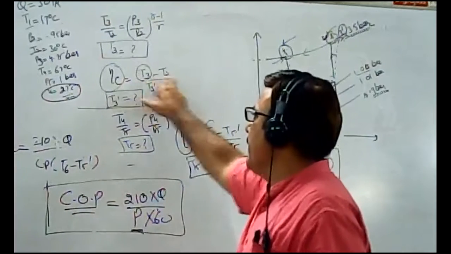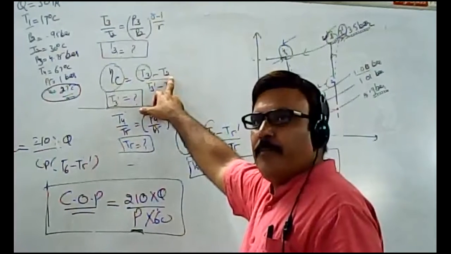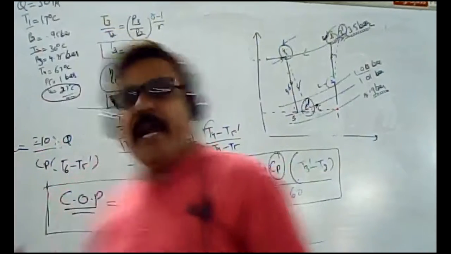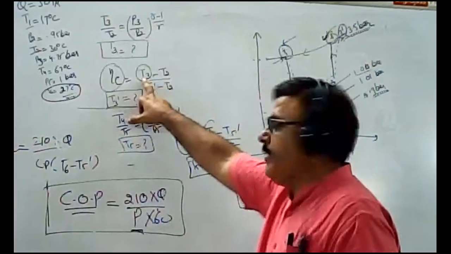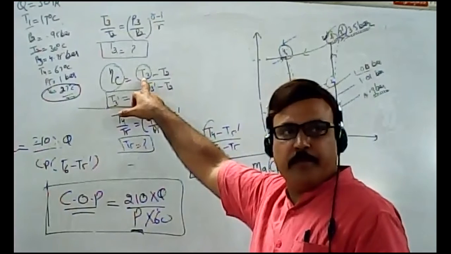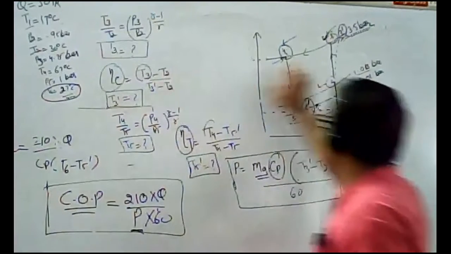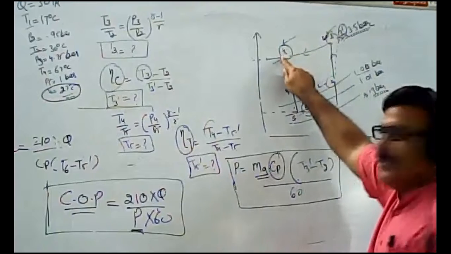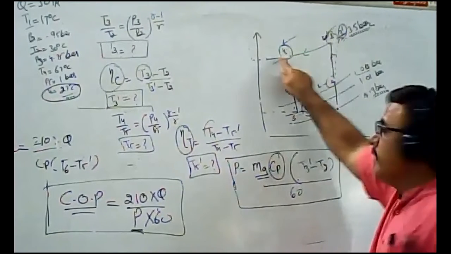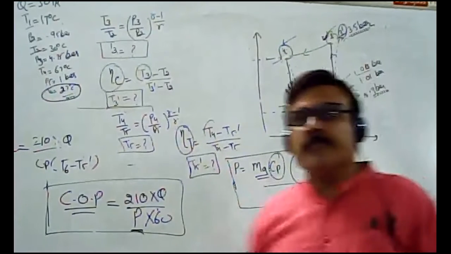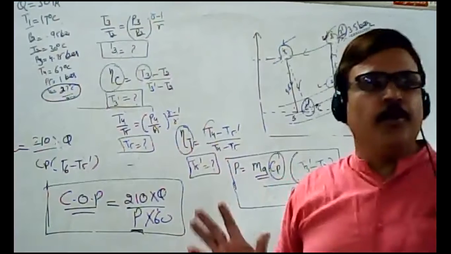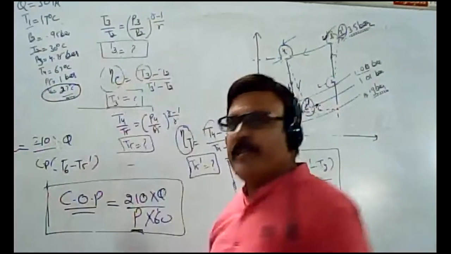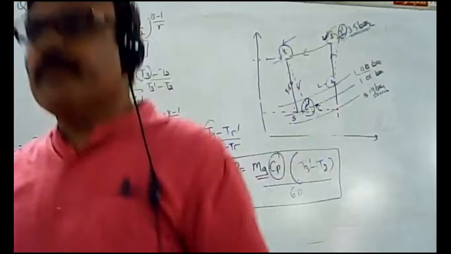If pressure is not given but temperature is given, you can also find the value of pressure from this formula. But look here, the temperature is reducing at constant pressure, so there is no need to write this formula with the pressure.